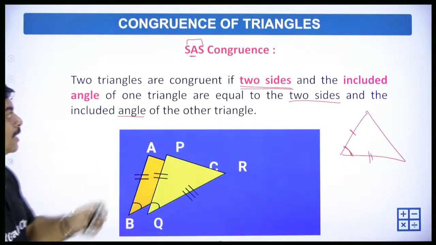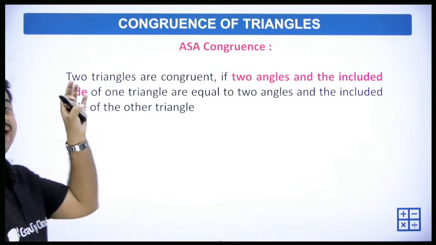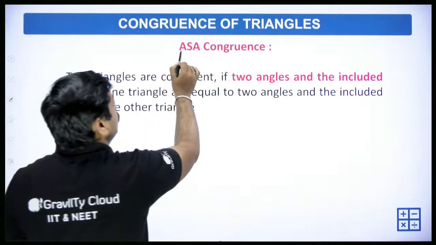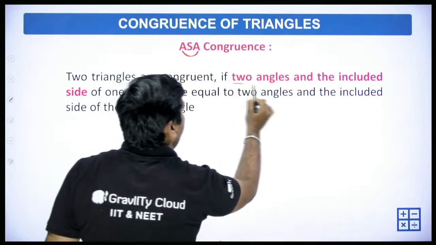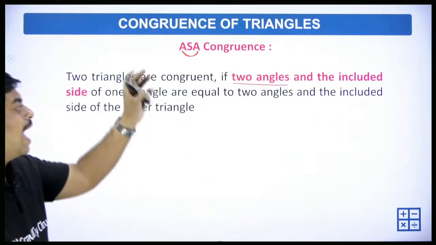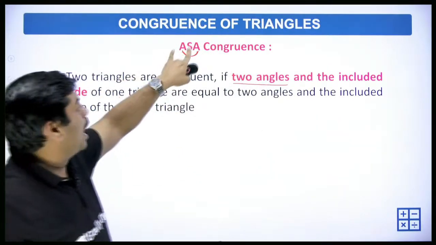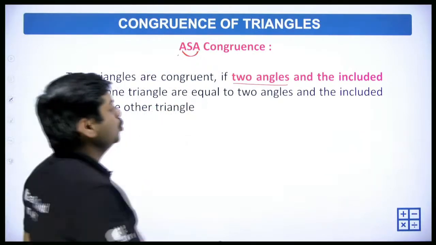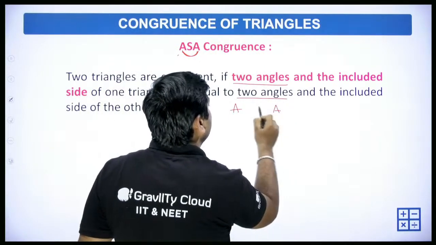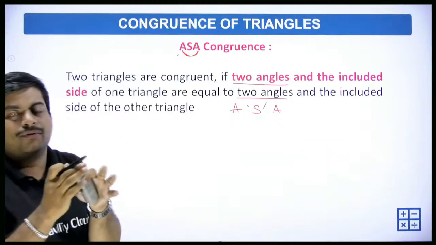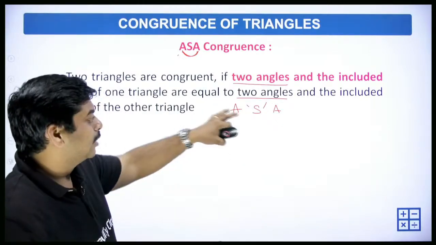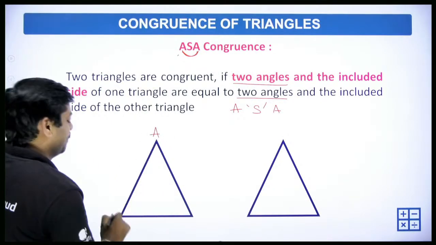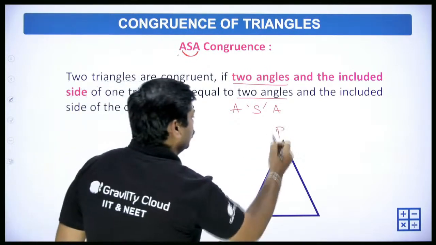This is about SAS congruency, and then we have also discussed ASA congruency. Once again, let us discuss that. Two triangles are congruent if two angles and the included side of one triangle are equal to two angles and the included side of the other triangle. The included side is the one in between the two angles, so we need to take care of that. Let's see here. Say this is triangle ABC and this is triangle PQR.